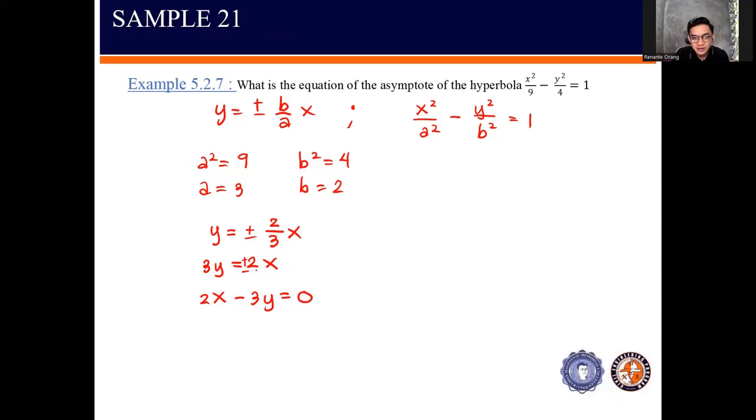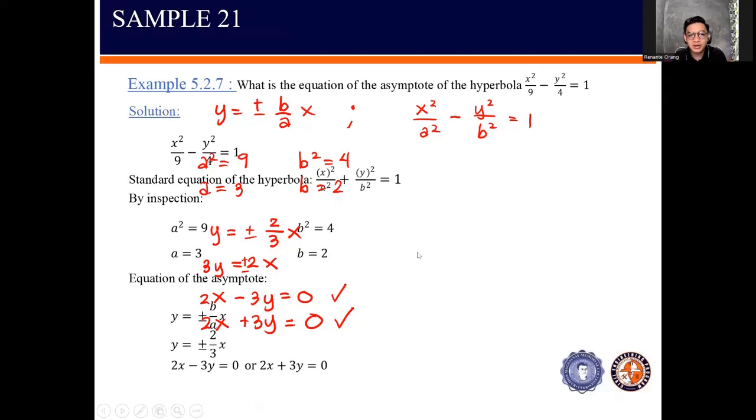Or pwede din siyang ilipat sa kabila. Magiging 2x plus 3y is equivalent to 0. So, ito yung answer. These are our equations of our asymptotes. Okay, so tingnan nyo lang sa board exam, for example, no, kung saan doon sa choices.